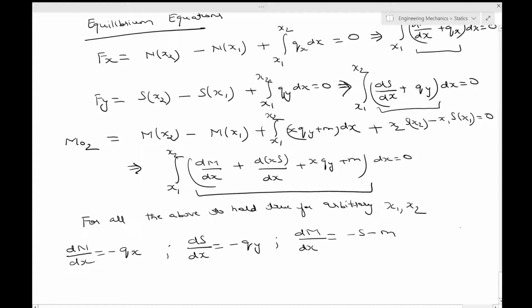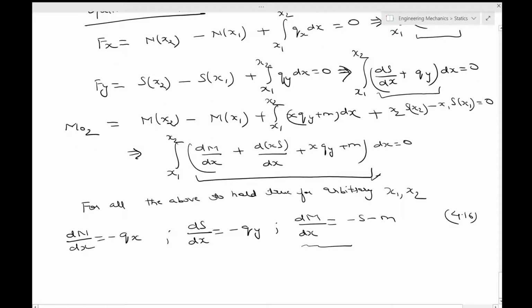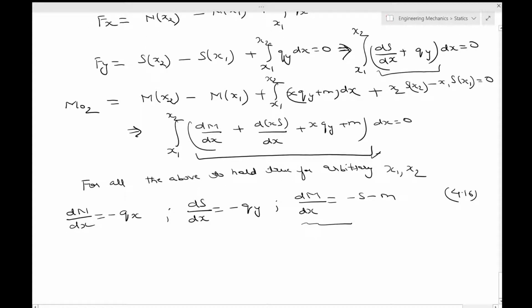This is equation 4.16. Okay, so to arrive at this from this one, you have automatically used this and this. You will apply a chain rule over here and so on. Anyways, once this is done, you can arrive at equation 4.16.